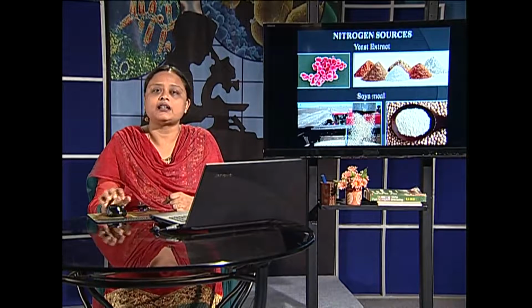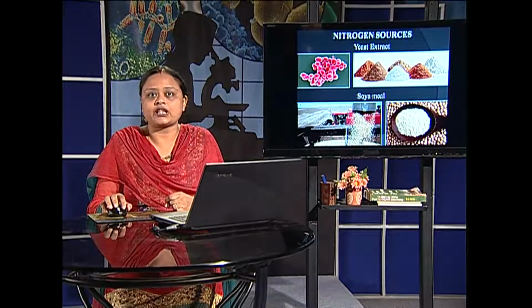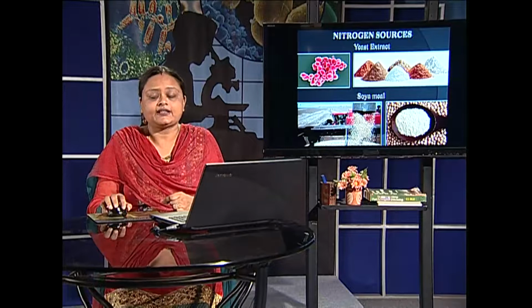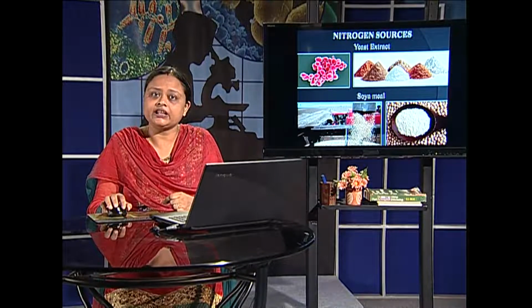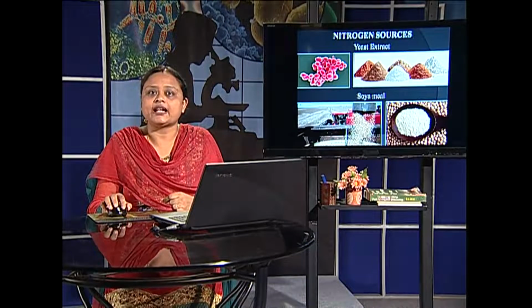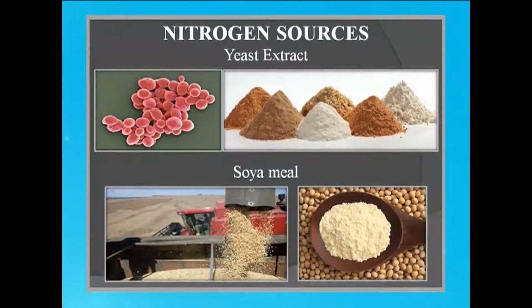Others to follow are yeast extract and soy meal. The yeast extract is obtained from already used up bakers' and brewers' yeast. That is, the baking industry and brewery, when they are no longer using the yeasts after utilizing them, they throw it. This is a byproduct and can be very well used by the industries which require yeast extract as the nitrogen source.